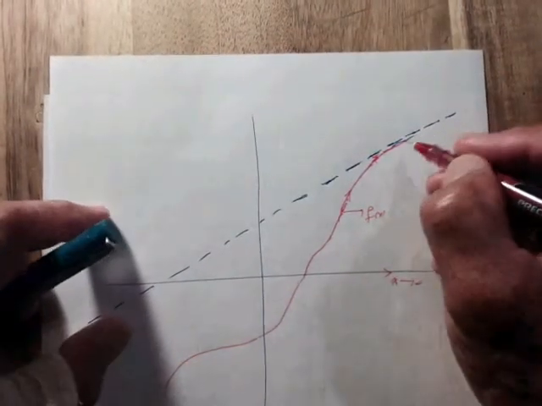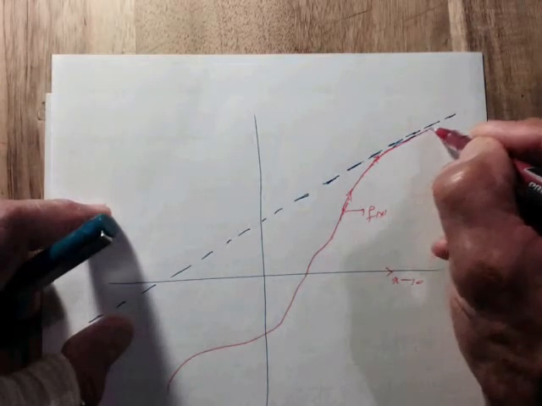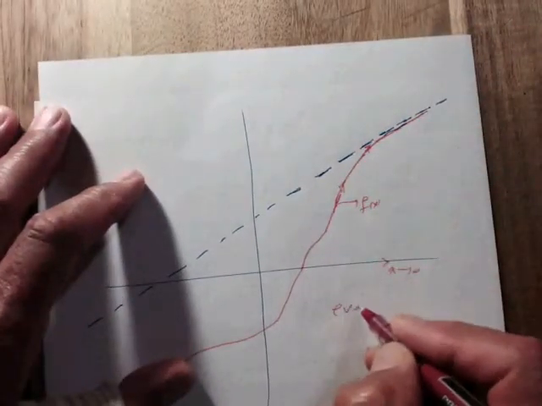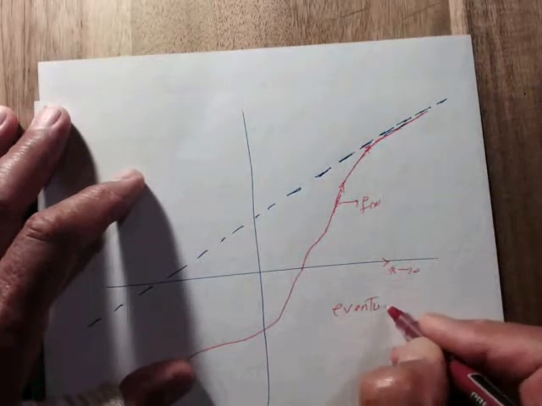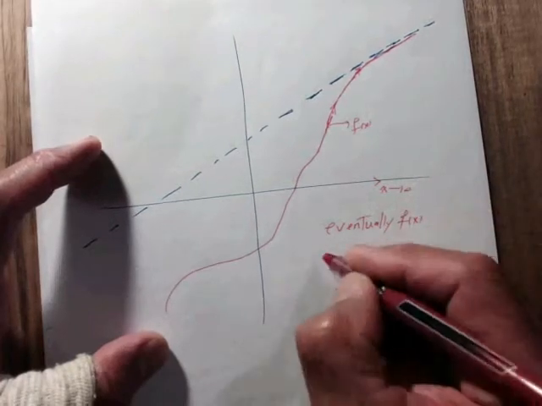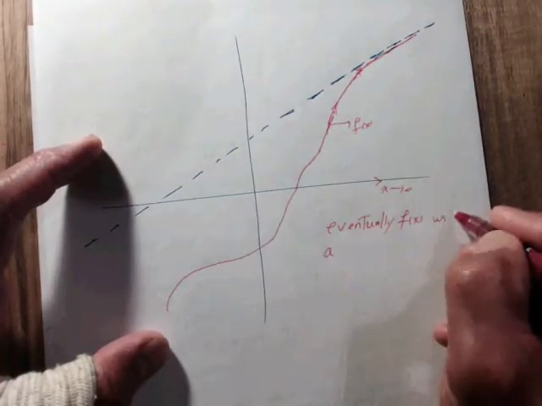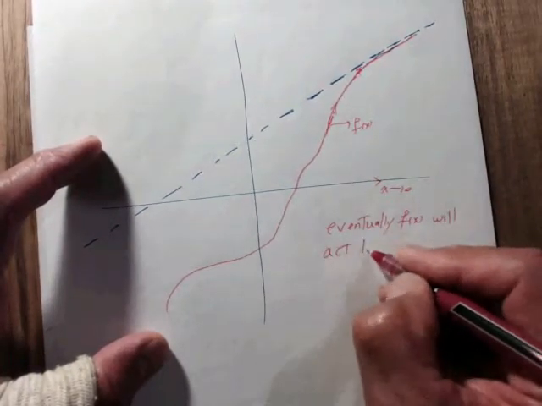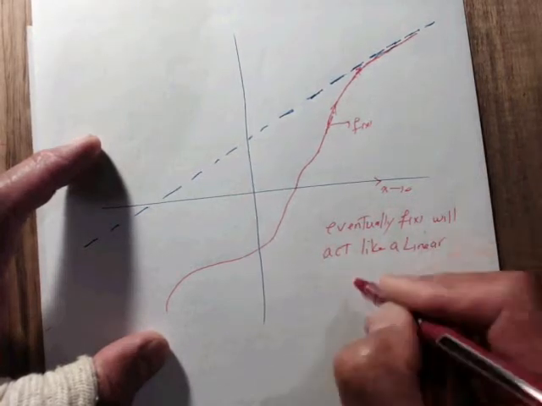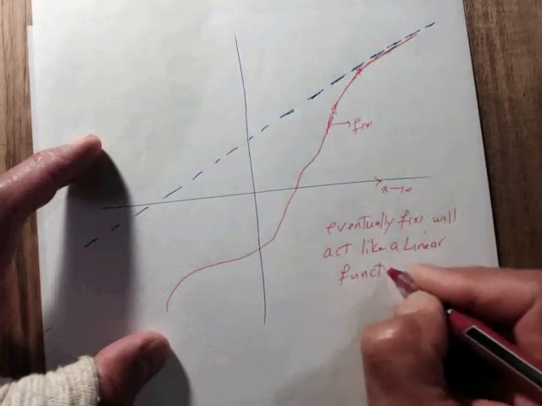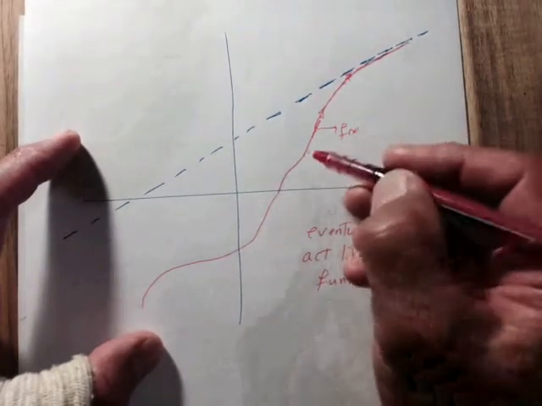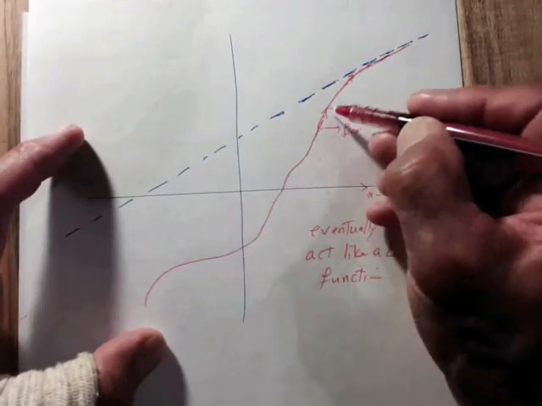So as x goes to infinity, eventually f of x will act like a linear function, because this graph becomes eventually like that.